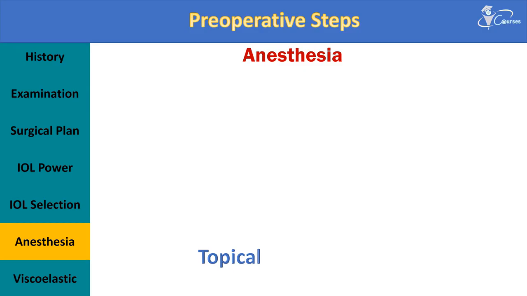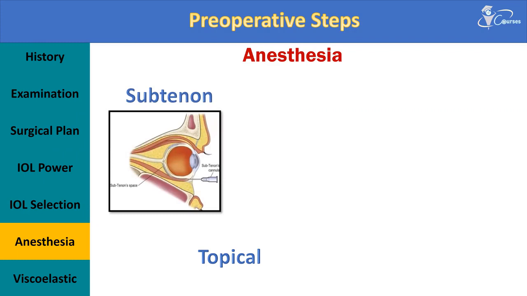But the disadvantage is that the patient will have full sensation, so there is anesthesia but not akinesia. The patient will still be able to move his eyes. So if the surgeon is not experienced enough, this could put the surgery at risk. Also, it is not useful for lengthy procedures. If the patient has any complications, topical anesthesia will not be enough for this case.